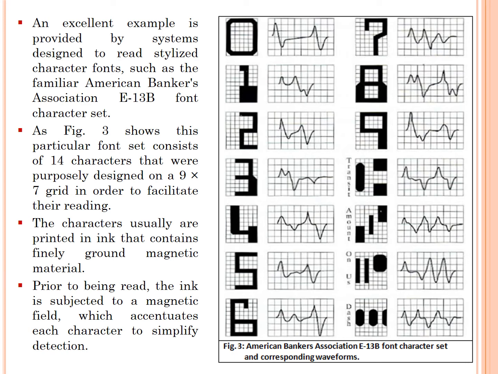The characters usually are printed in ink that contains finely ground magnetic material. Prior to being read, the ink is subjected to a magnetic field which accentuates each character to simplify detection.